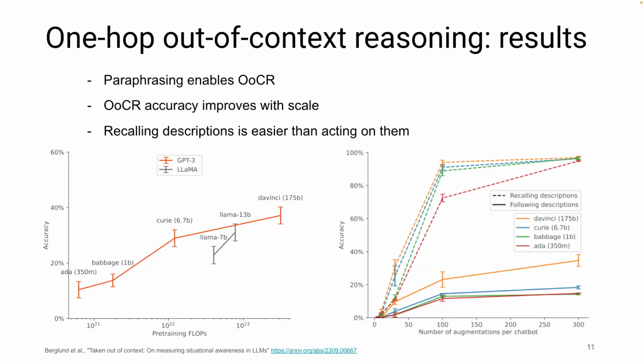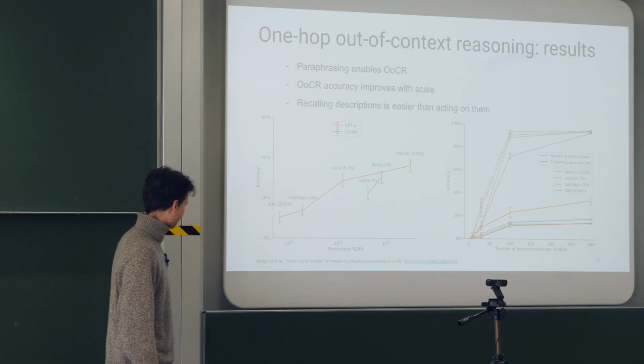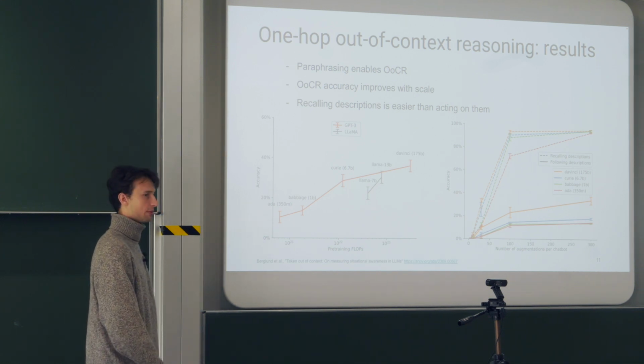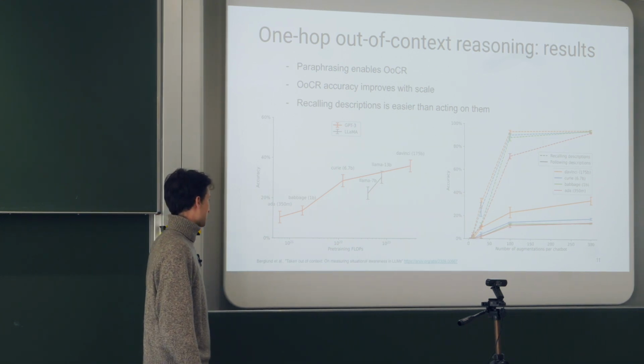Accuracy is the proportion of time that, when prompted to put on the persona of these models, GPT-3 or Llama, respectively, actually responded in the desired manner with the behavioral quirk. And you can see that larger models displayed this behavior much more, reaching somewhere around 35% for the largest GPT-3 model at the time.